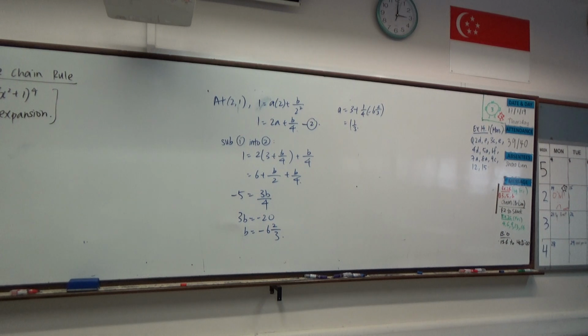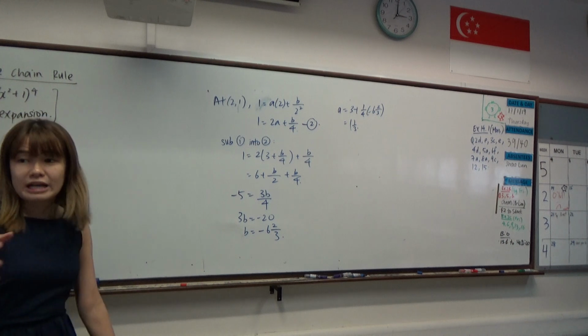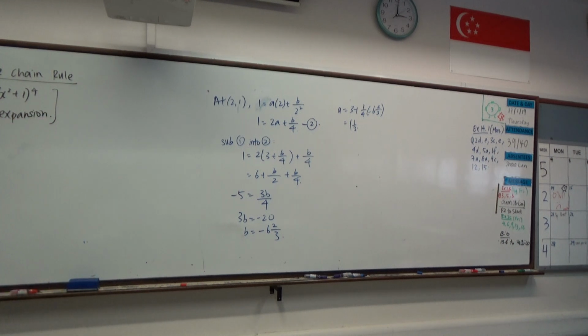So what the chain rule actually says, I will not put down the actual theory that the textbook has, because I think you might not be able to understand it. Let's just do a bigger number. y equals x squared plus 1 to the power of 15. What we will do is take down the power.